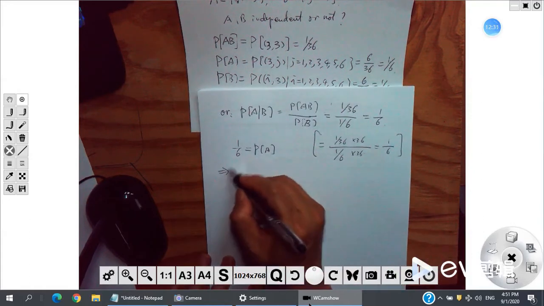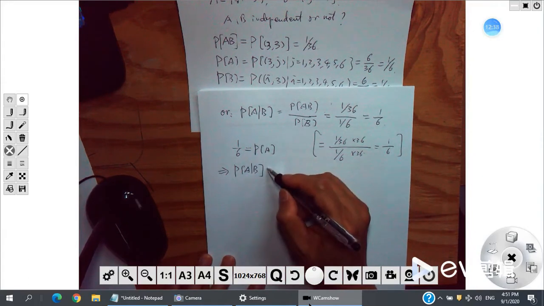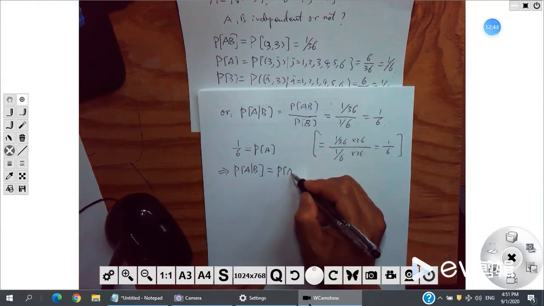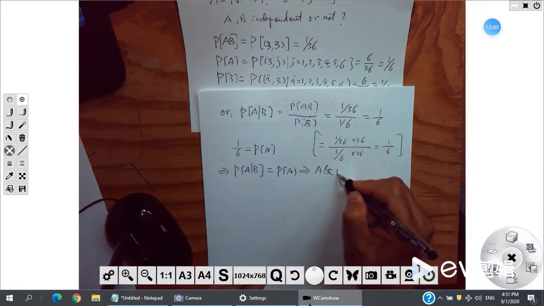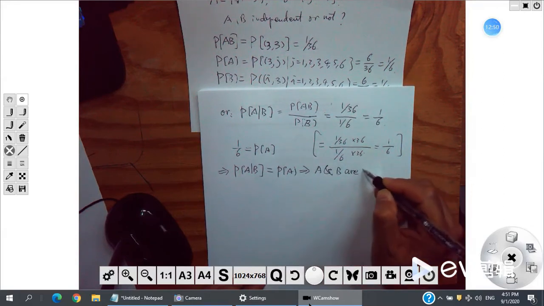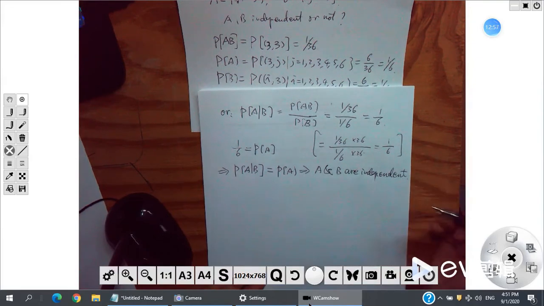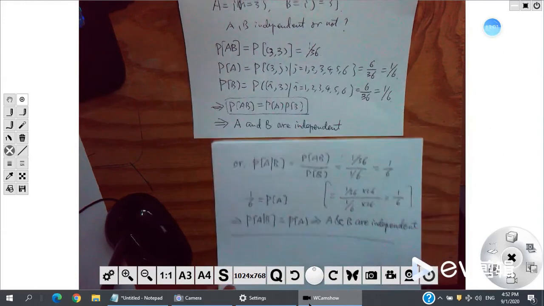So we have PA under the condition B, this conditional probability, equal to the probability of A. So we say A and B, they are independent. So all these ways work.